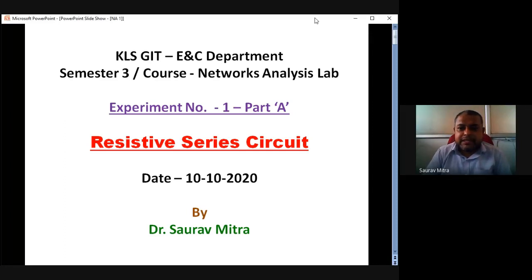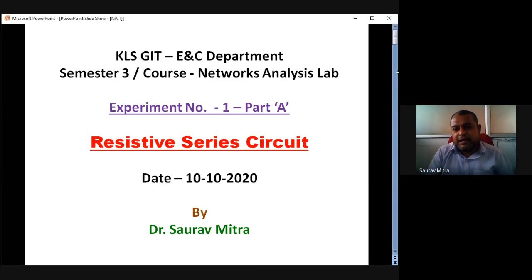So what all I'm discussing today, everything will not go into experiment 1 part A, because experiment 1 is about series and parallel circuit, obviously resistive and with DC input. But in this resistive series circuit only, I have packed a lot of information.